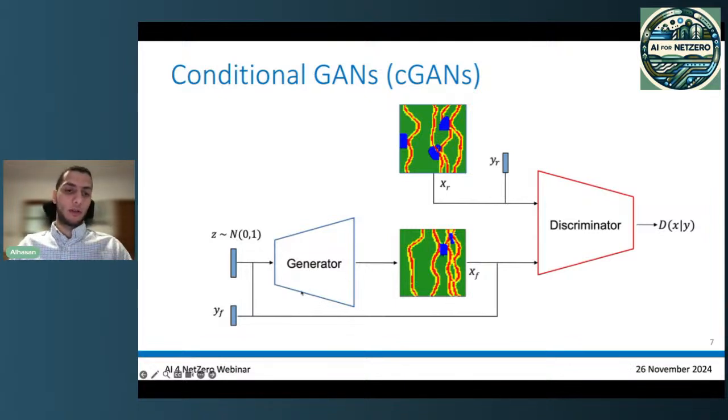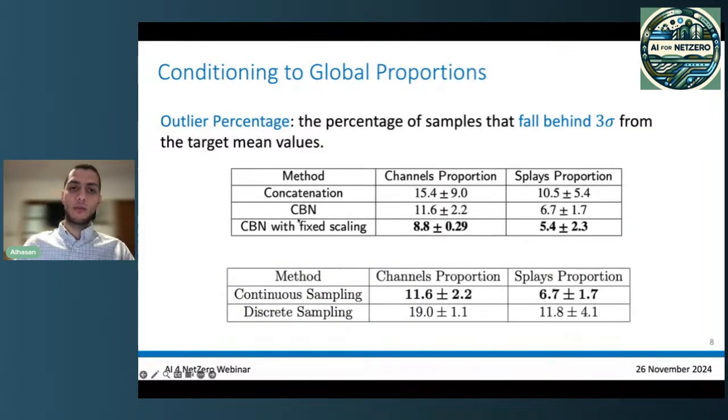So the question here is how to pass this condition to the generator. In the case of global proportions, we tried different methods for this kind of conditioning. The naive approach is just to concatenate both the stochastic vector Z and Y. Another approach is to use what's called a conditional batch normalization method.